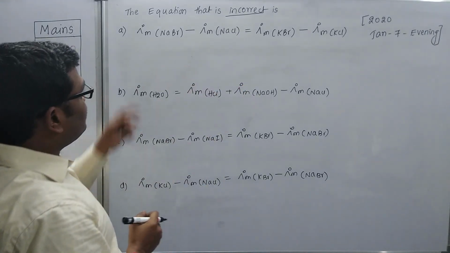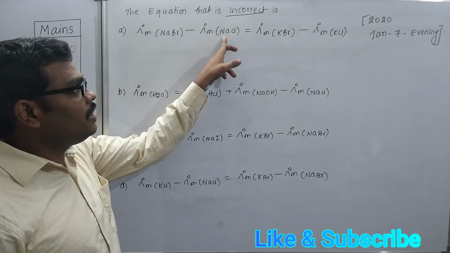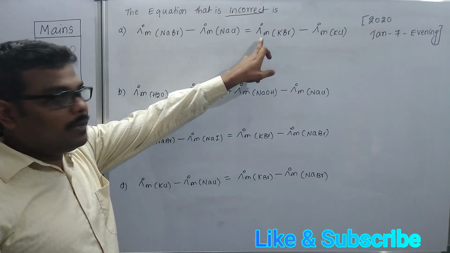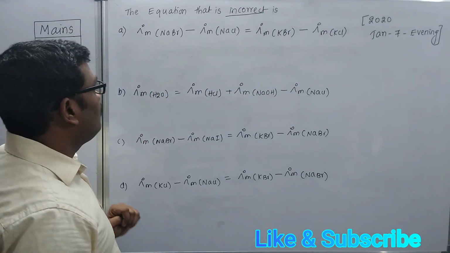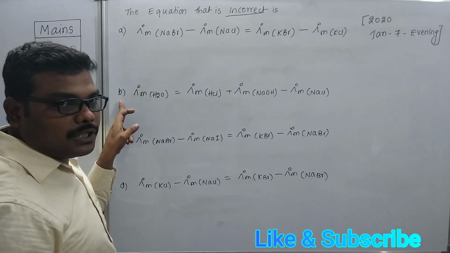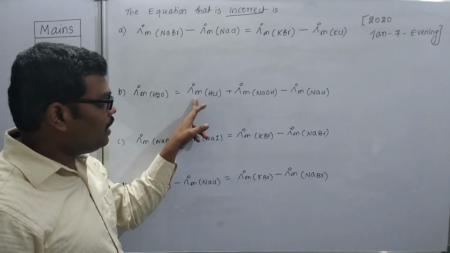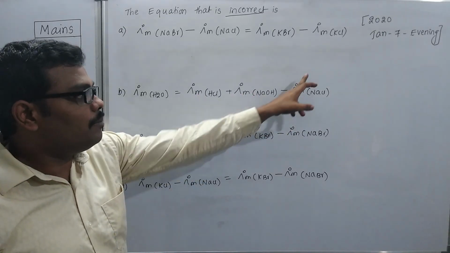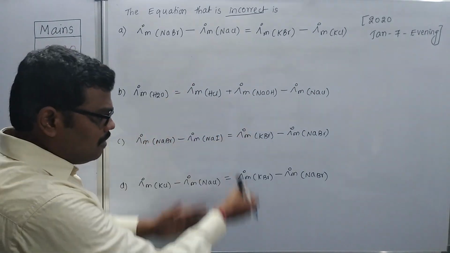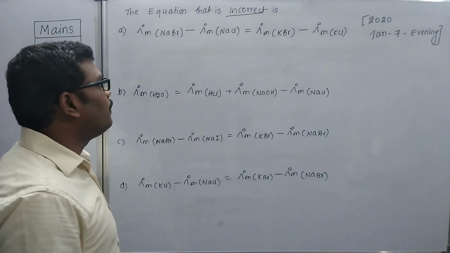Now we'll see the first option: lambda naught M of NaBr minus lambda naught M of NaCl is equal to lambda naught M of KBr minus lambda naught M of KCl. Second option: lambda naught M of H2O is equal to lambda naught M of HCl plus lambda naught M of NaOH minus lambda naught M of NaCl. Anyway, we have two more options, but I'll tell you here how to solve this problem.